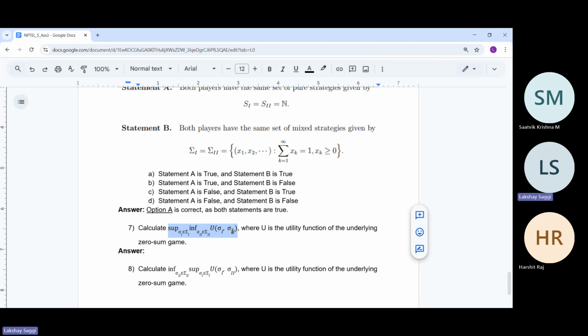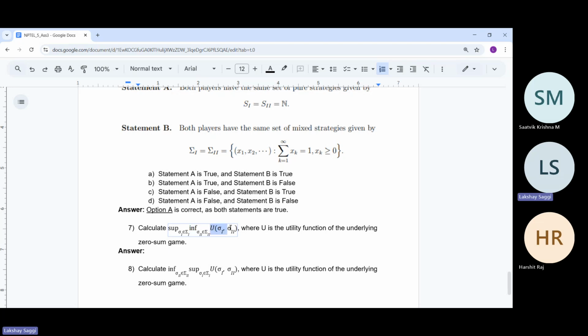Player one is essentially choosing a number first, whereas player two sees whatever player one has chosen, and now player two can just choose something which is greater than what player one has chosen, right? And so player two will always win, and player one will lose.